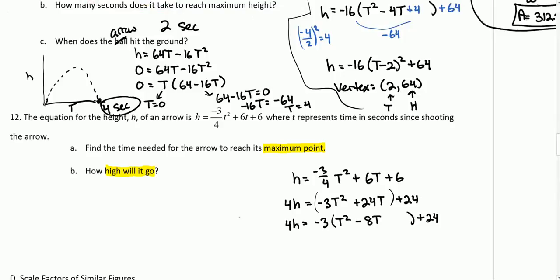Complete the square, we take the negative 8, cut it in half, and square it. Get 16, which really has a value of negative 3 times 16, which is negative 48. So we're going to add 48 at the end here.